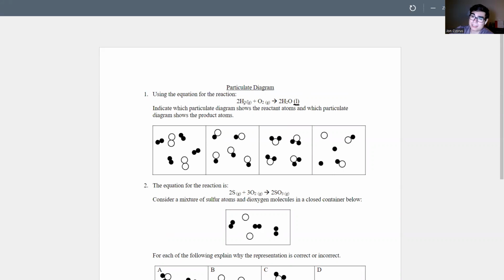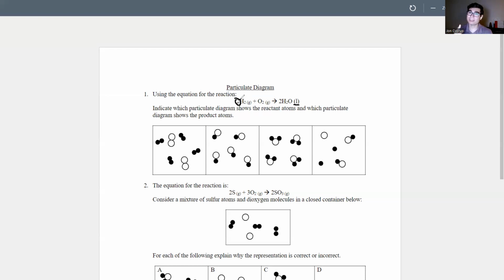The subscripts, as I said, they tell you how many things are in one compound or element or whatever it is. So in this case, we have two hydrogens that are bonded together, right? There's two of them, and we have two of these two hydrogens.